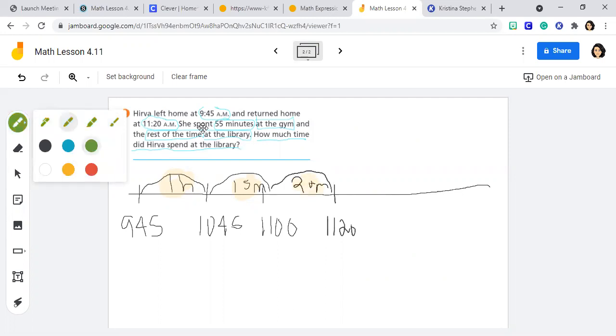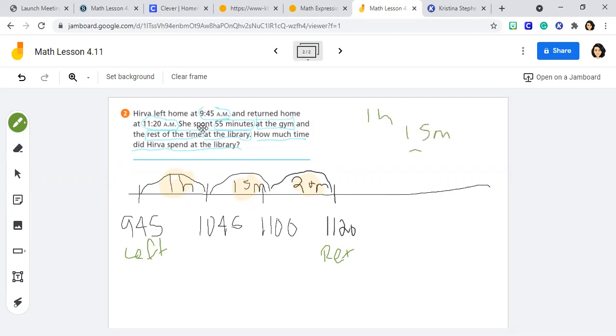Let's talk about that. We want to think about that elapsed time all together because this is when she left and this is when she returned. So we've got 1 hour, 15 minutes, and 20 minutes.